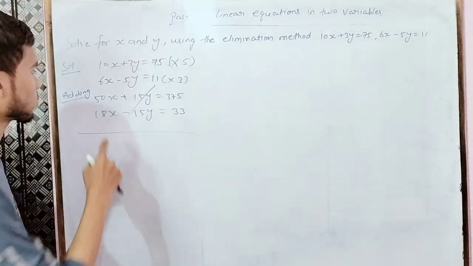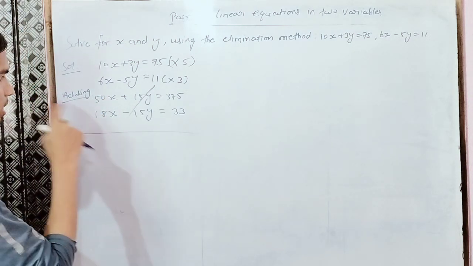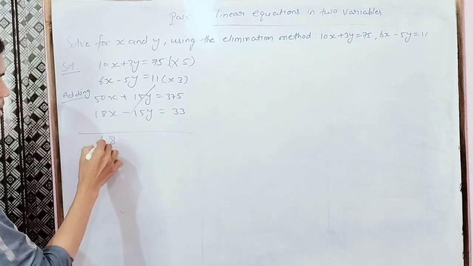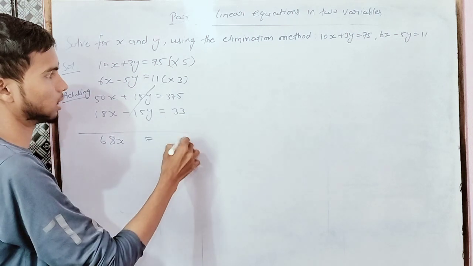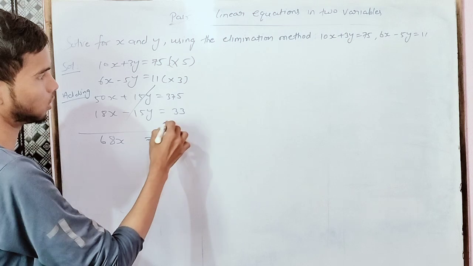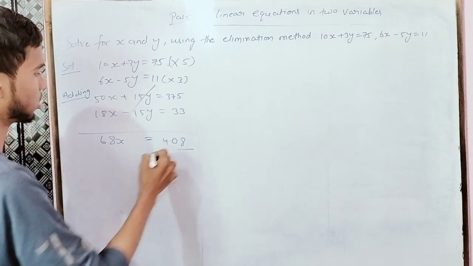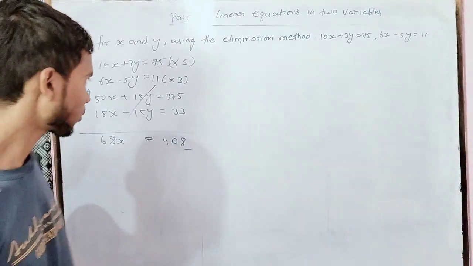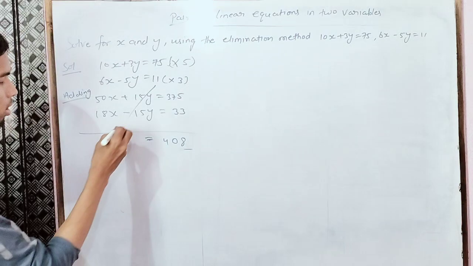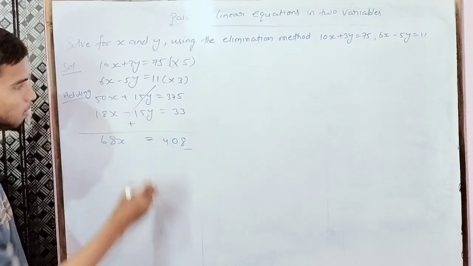Now how much we have? 86x, okay, and this side is 80 and 44. Now here you can see this will be plus, okay.